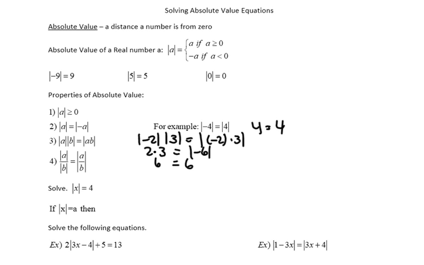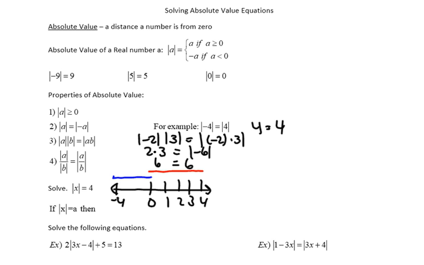So now let's take a look at the absolute value of x is equal to 4. Now remember, it talks about numbers that have a distance from 0. In this case, I want it to be a 4. So we know the distance from negative 4 to 0 is 4, and we know the distance between 0 and 4 is 4.